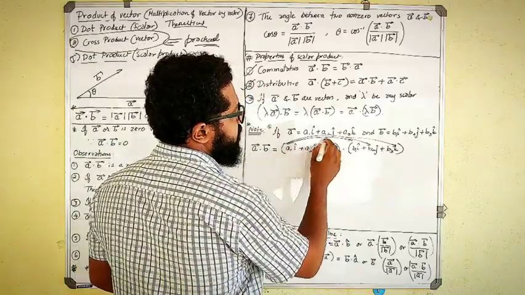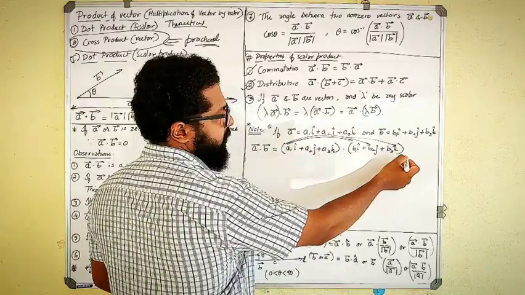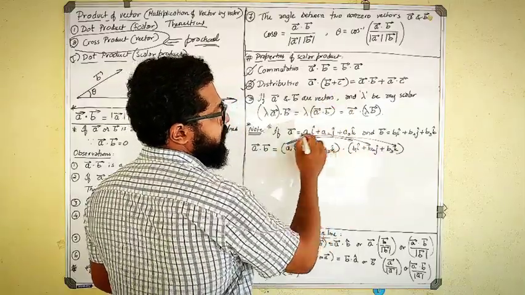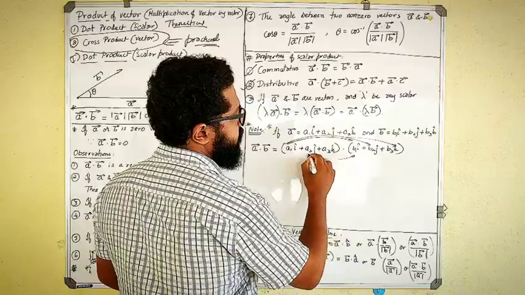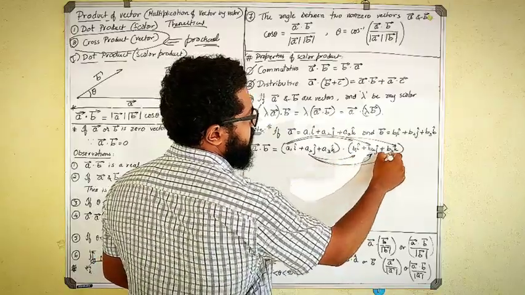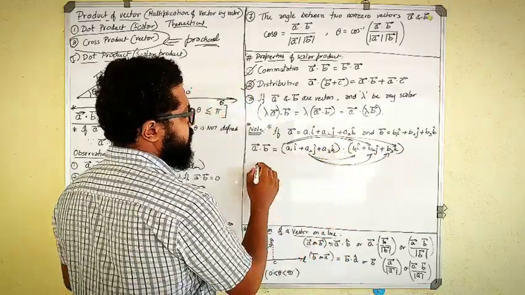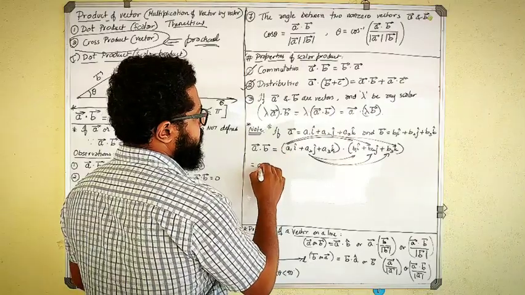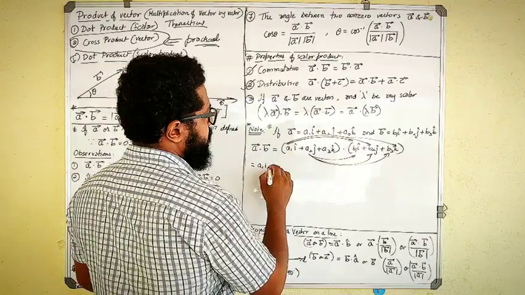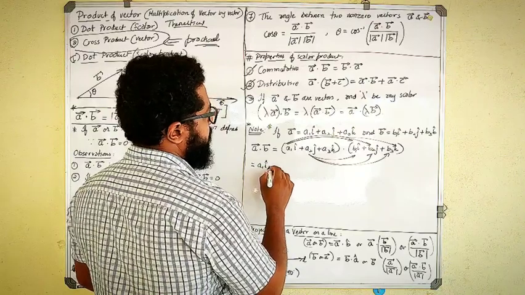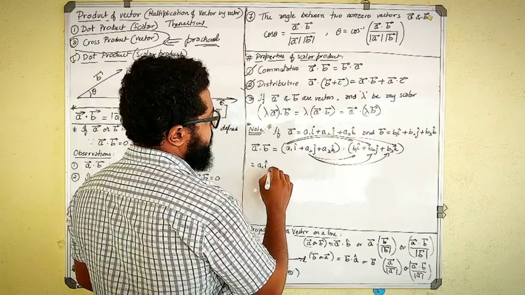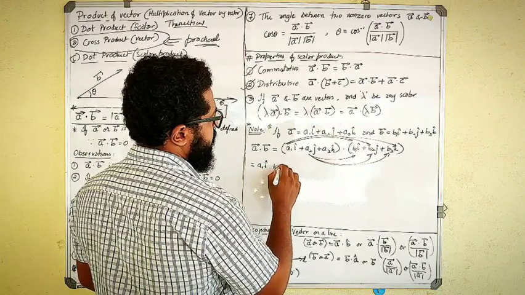So the first term is being distributed over the second three terms, like this distribution. Then the second one is distributed in the same way, and the third one is going to be distributed similarly. So I'll do it here. It is going to be A1 i cap dot B1 i cap.